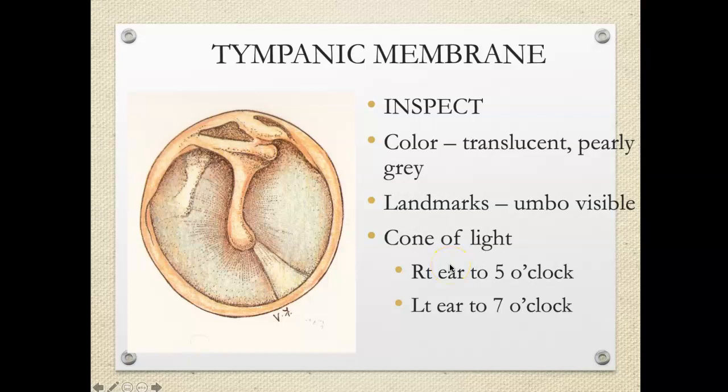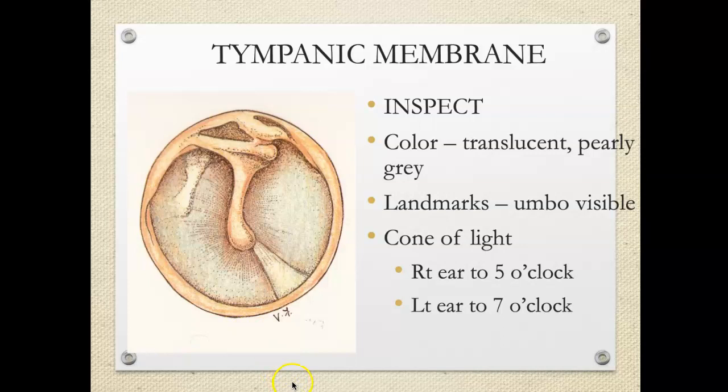Remember, there's some light being projected through the speculum of the otoscope, and that light should reflect off of the tympanic membrane. In the right ear, that light should be reflected at about 5 o'clock. If it's your left ear, it's going to be reflected at about 7 o'clock. The way I remember that is that it's always towards the nose; that light should be towards the front of the face.